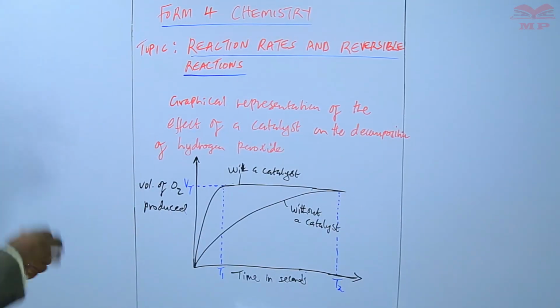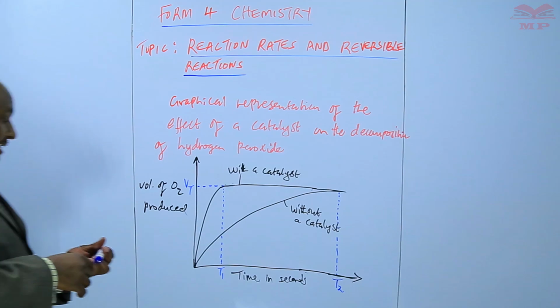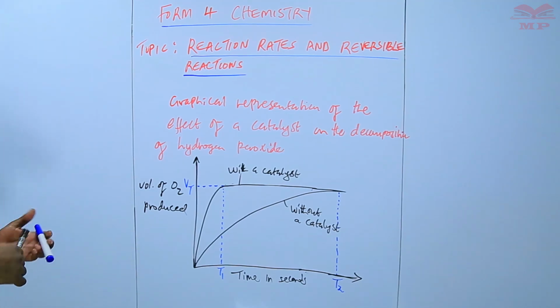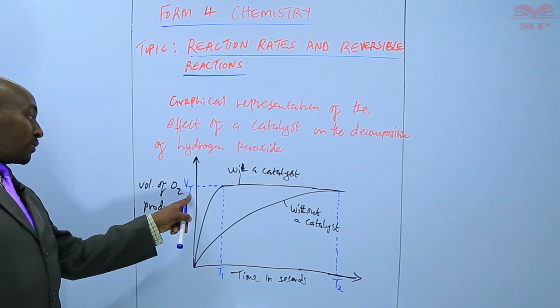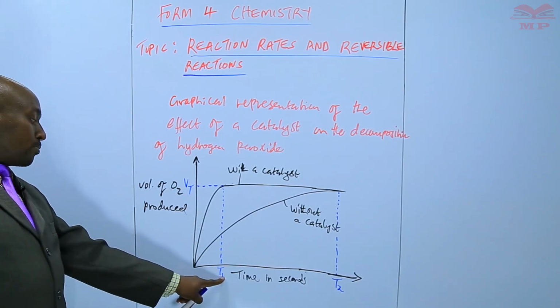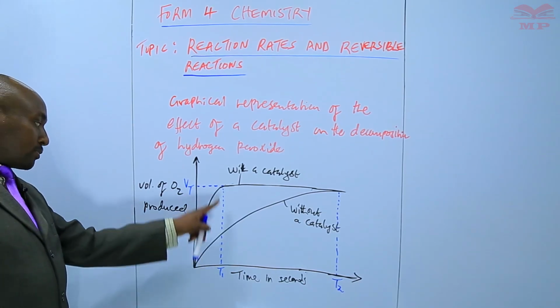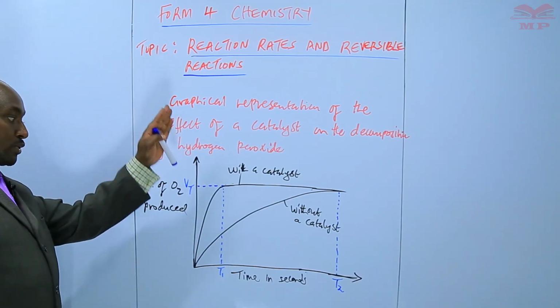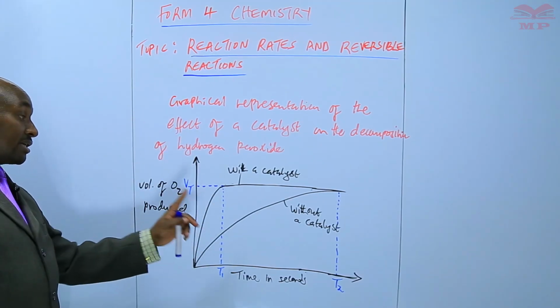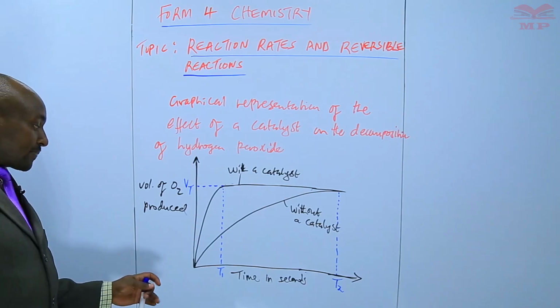From that curve, we find that with a catalyst, we collected volume T of oxygen within time T1. That's a very short time, and that's why the curve is very steep. So the gradient of the curve is very steep in the presence of a catalyst.